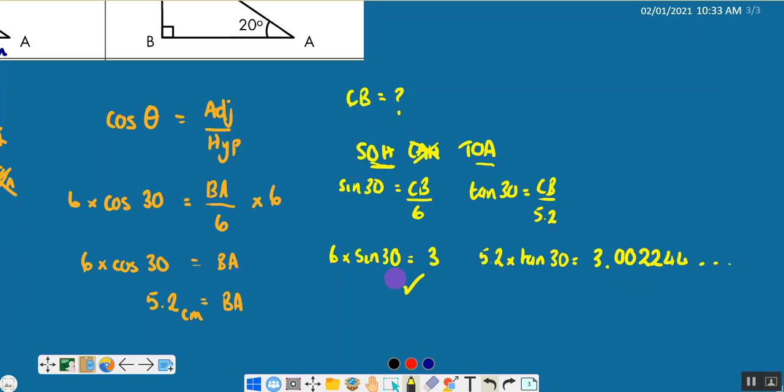Yes, but this isn't sine. Well, 5.2 times 0.5 would be exact. It would be 2.6. But tan 30 is not 0.5. Sine 30 is.